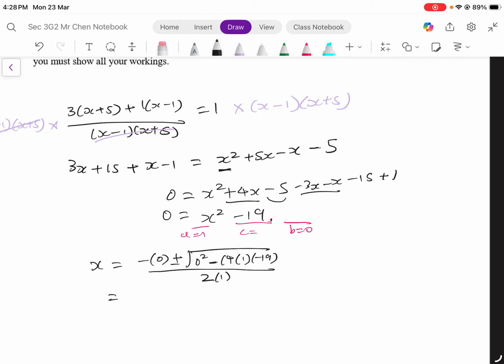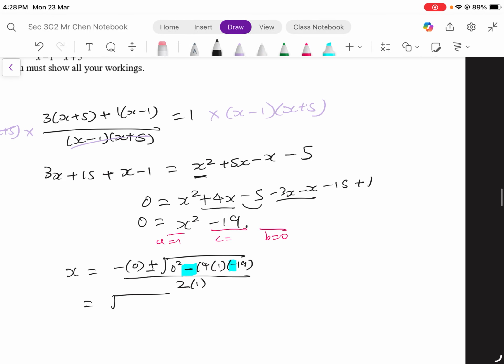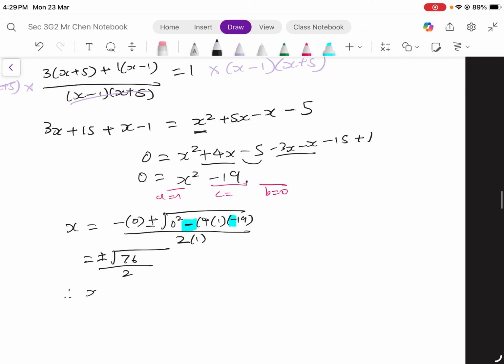Okay, so much easier. Minus minus becomes plus. So all you have, because of the 0, is plus minus square root of 4 times 19, which is 76, over 2.